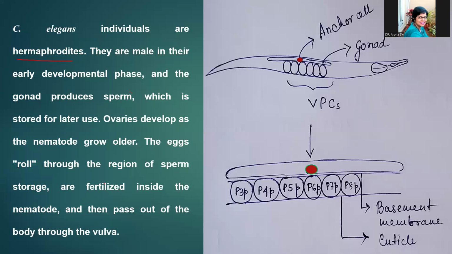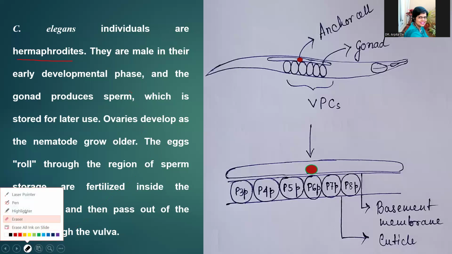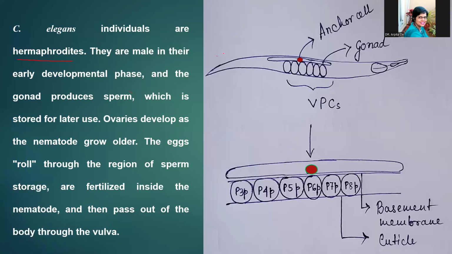Now, this simple diagram will help you to understand the process better. See, this VPC stands for vulval precursor cell. This cell here is the anchor cell, and here you can see the gonad.